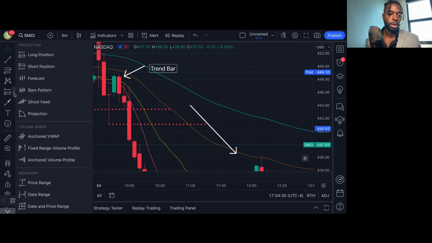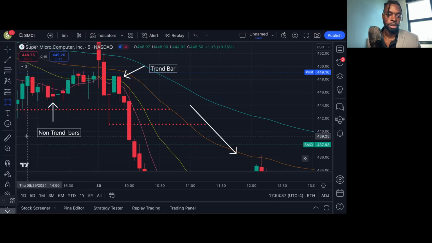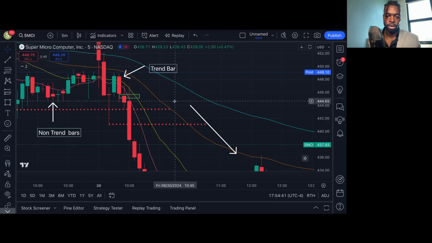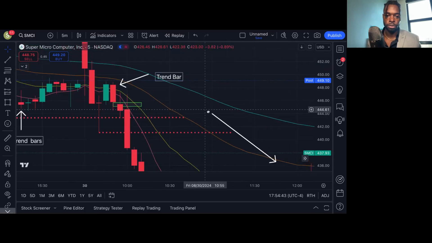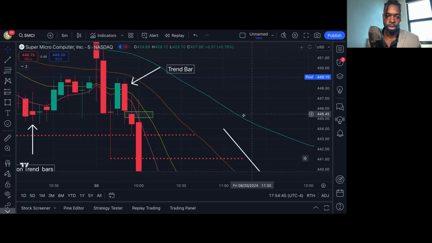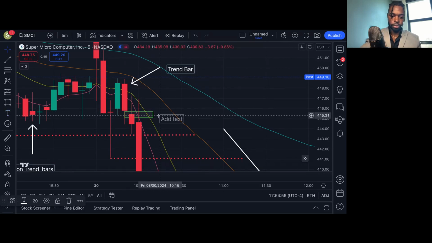Okay, so where do we enter? We would be entering right here. I want to make this really big so you can see it. We'd be entering right here, after this bar closes and this bar forms. Now, we know entry.